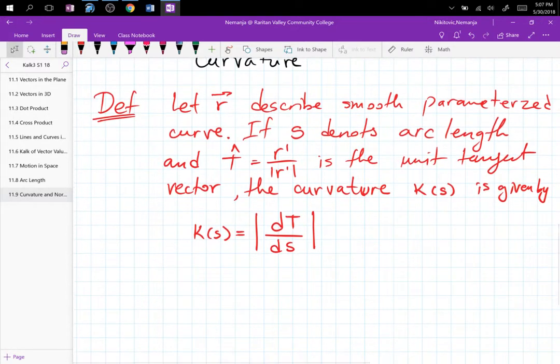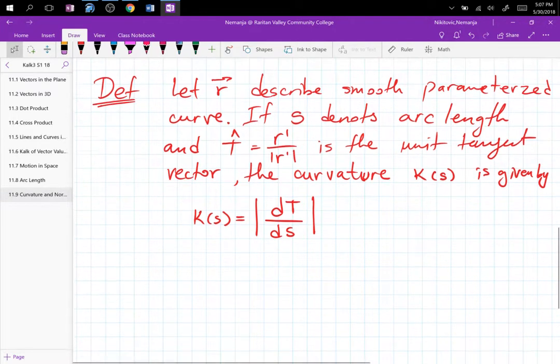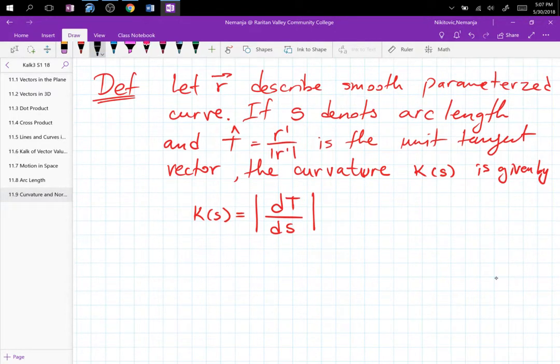Again, this is only going to be used for us to understand the concept. We cannot use it to compute things. So we'll take a look at the computational formula shortly.